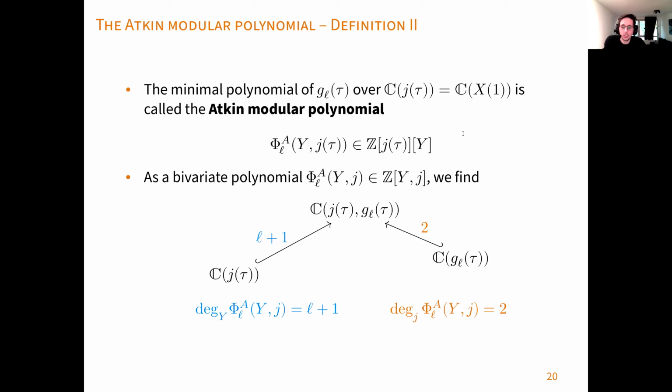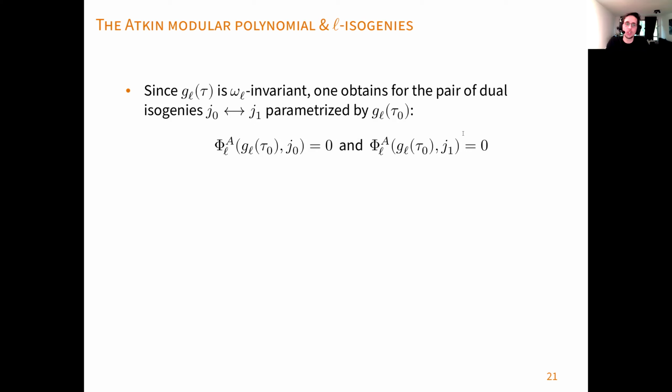So since we chose our g_L tau to be invariant under this Fricke involution, we can now directly understand how this g_L tau actually parameterizes pairs of dual l-isogenies in this case. So if we take a g_L tau 0 that parameterizes such a pair, then the Atkin modular polynomial needs to vanish at g_L tau 0 evaluated at J0 as well.